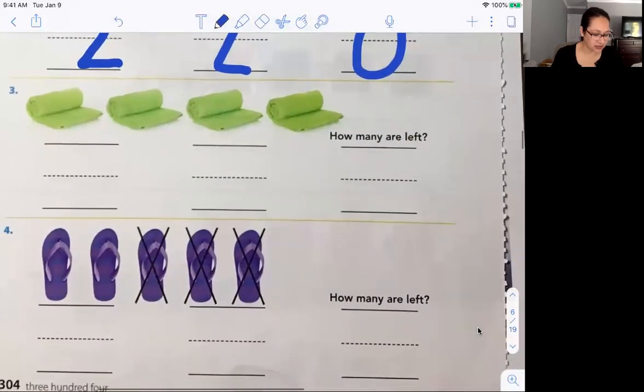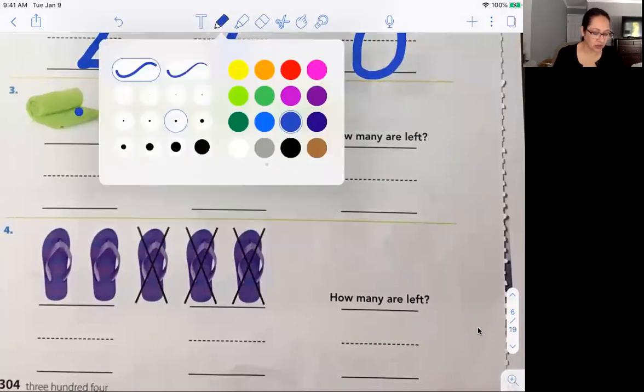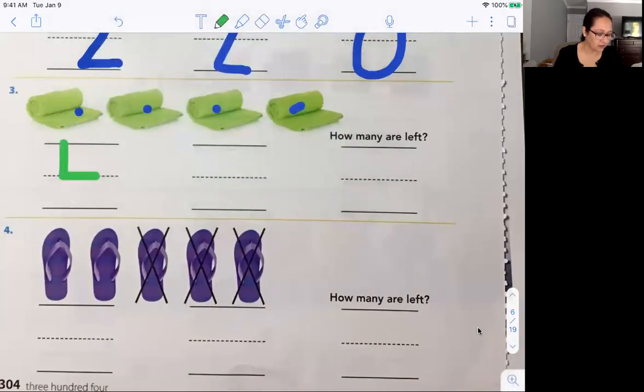How many towels do you see? Do you see the towels there? Yeah, let's count them. 1, 2, 3, 4. So there are 4 towels. We're going to write 4 here. That's how many you see. How many are crossed off? How many do you see crossed off, boys and girls? None, right?